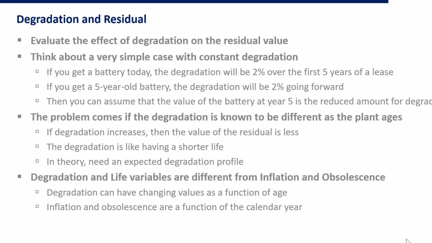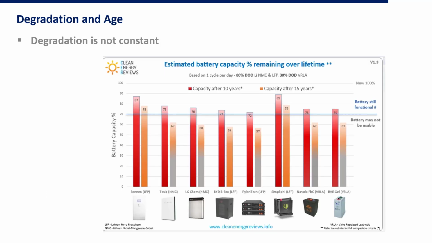And it's true, and I don't have that really modeled right now. And one of the things to really understand about these things is that there are some variables like obsolescence, inflation, they depend on calendar years. They depend on exogenous, external kind of things. Degradation could have a curve. We'll get into that here.